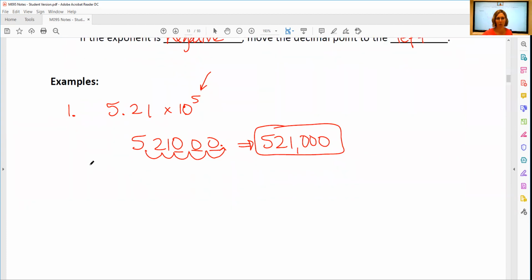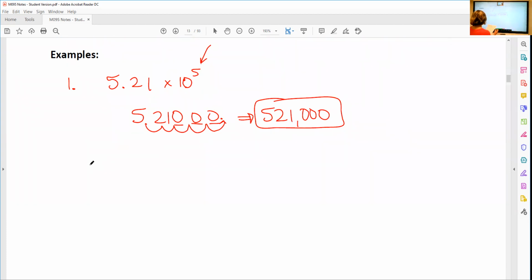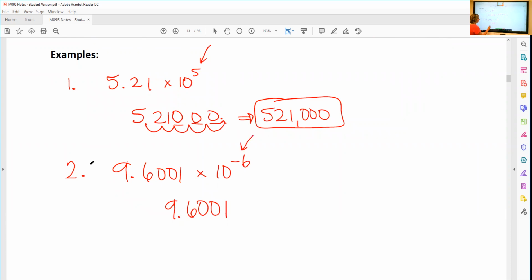So let's try a couple more. Our next one is if we have 9.6001 times 10 to the negative 6. So again, I would take your mantissa and rewrite it down here, this time giving you some space to the left, because that's the way we're going to move our decimal, right? Because it's negative, we're going to be moving it to the left.